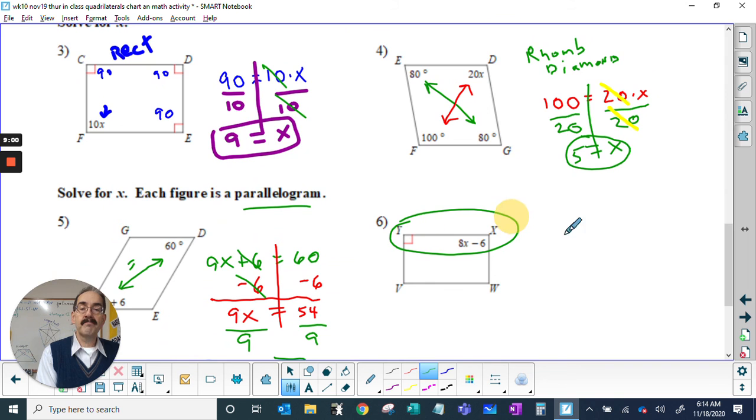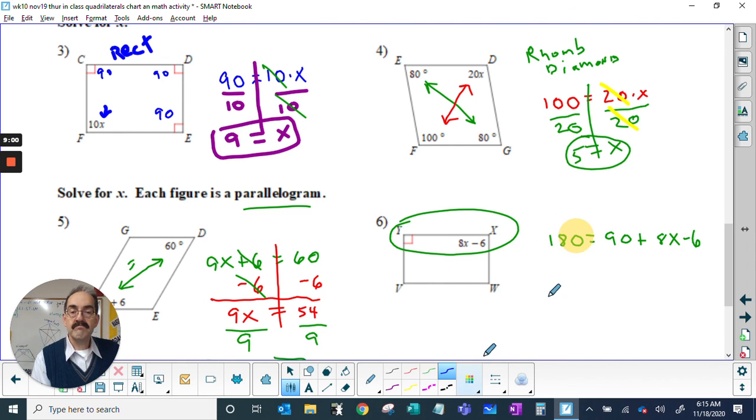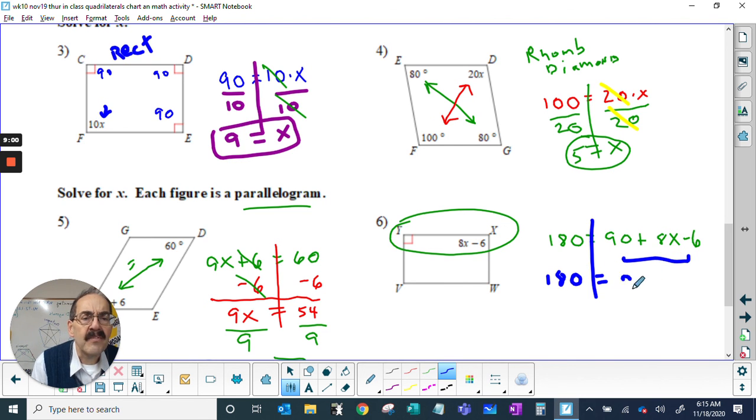It is a parallelogram, so we know that 180 equals 90 plus 8x minus 6. Well, just a math problem now. Put the 90 and the minus 6 together. So an equals, that's 84, plus the 8x.